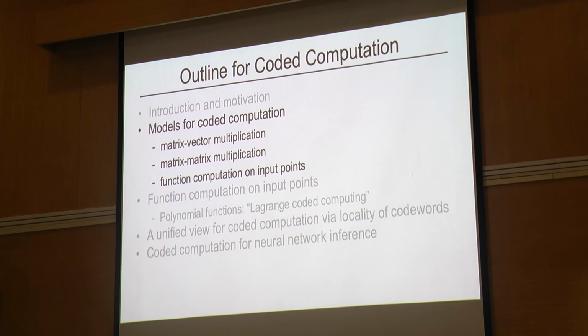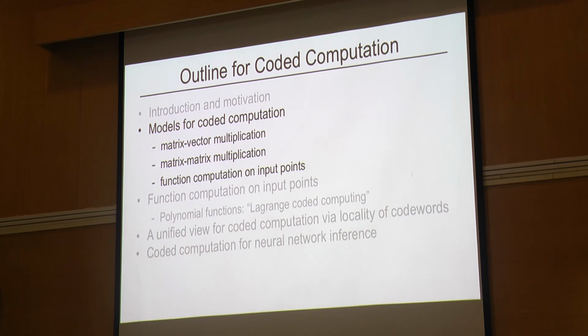And then I'll provide a unified view. So I'll focus on the third one, which is function computation on the inputs. And there we will look at specifically how one can solve this if f is a polynomial. Specifically, there's a very nice work that provides a scheme called Lagrange coded computing.